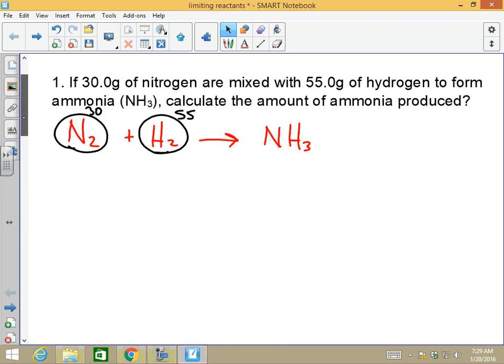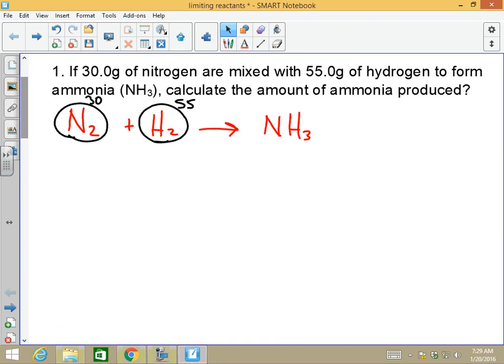Let me start with the moles of nitrogen. Also, let's balance the equation: you have 2 N's, so put a 3 over here and a 2 there. Good, now it's balanced.